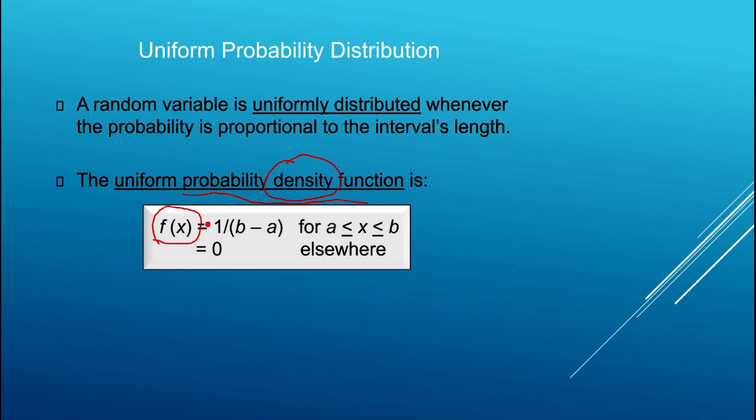So our probability density function for a continuous random variable, f of x, gives us the probability, or we can use it to calculate the probability, that x takes on a value within some interval of possible values of the random variable x. The probability, f of x, for a uniform distribution is very intuitive.